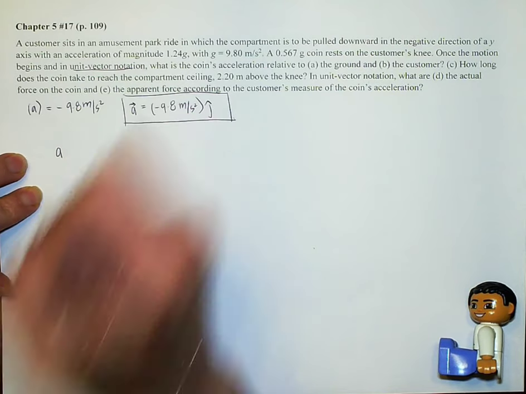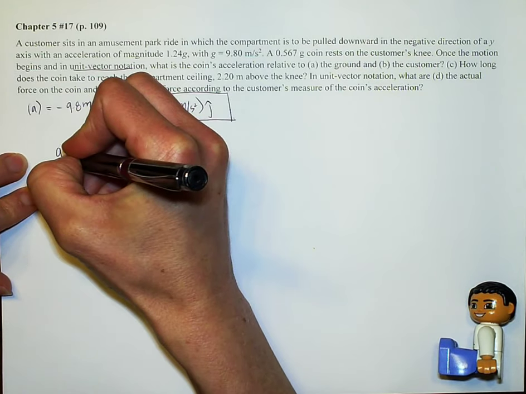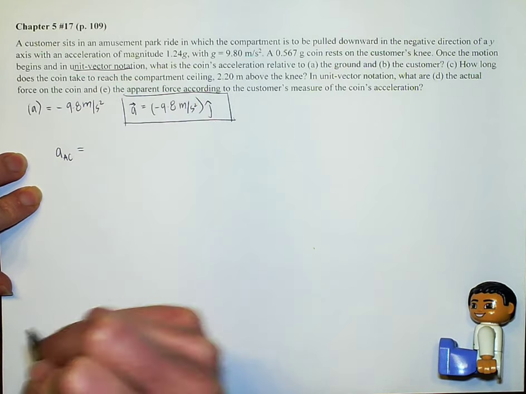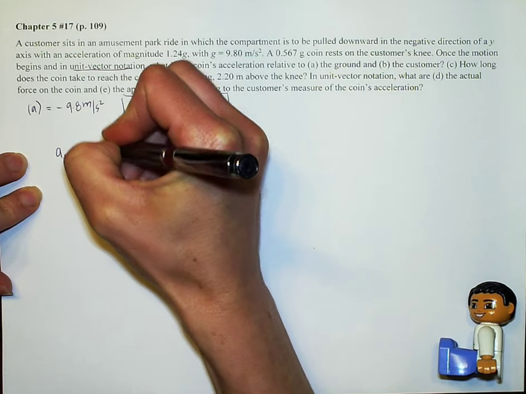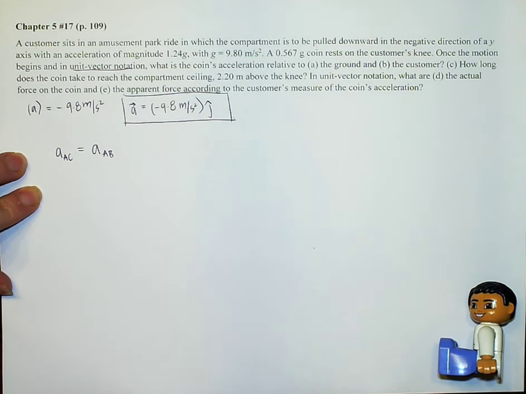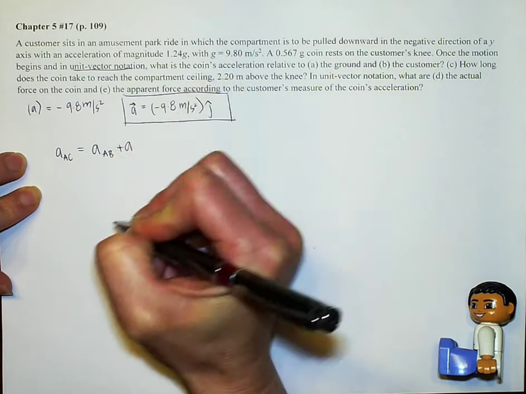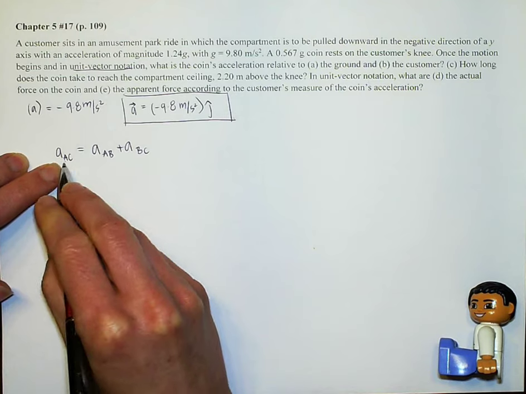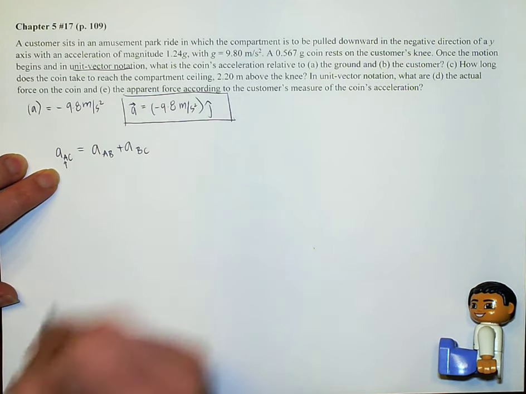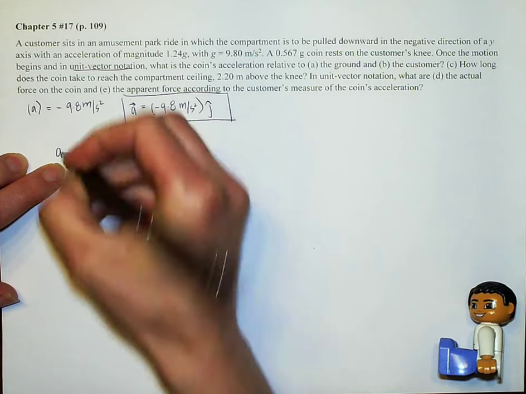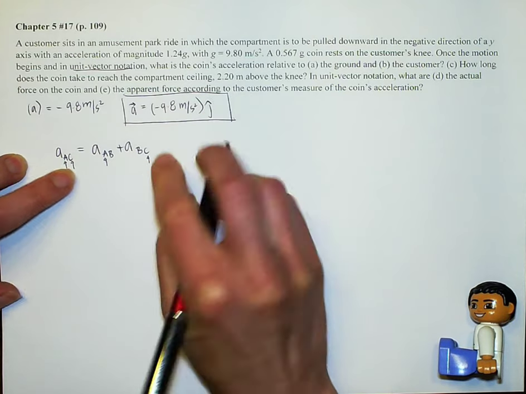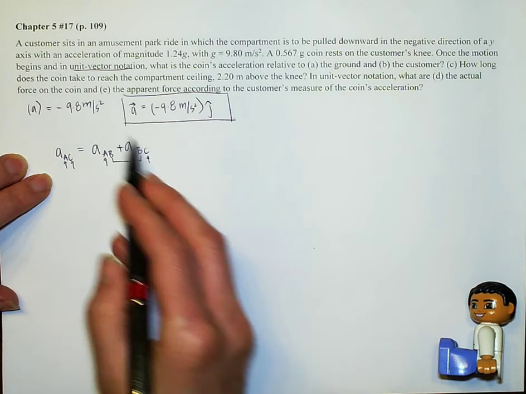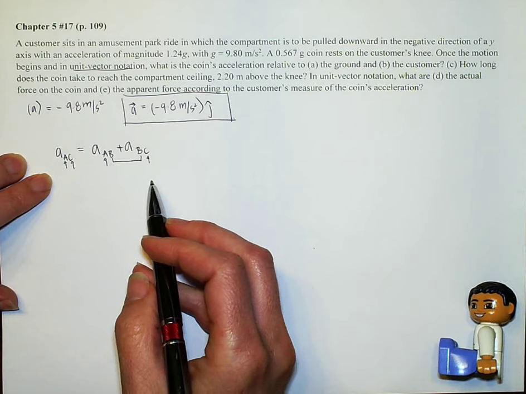If I have an acceleration of object A with respect to object C, then that is always going to equal the acceleration of object A with respect to B plus the acceleration of B with respect to C. Essentially, you start the first term here at the beginning. The last term is here at the end. And then the middle terms must match each other. As long as you do that, then that is how we can solve for relative motion.